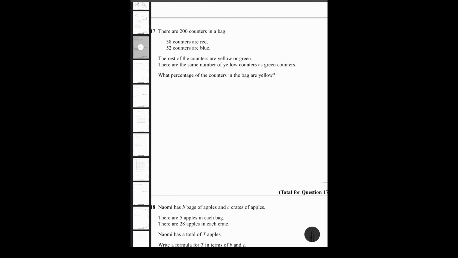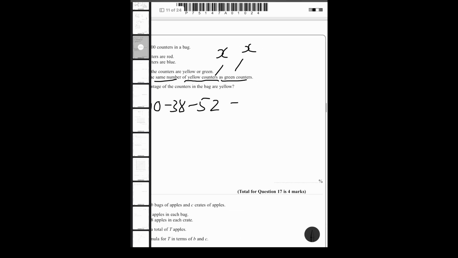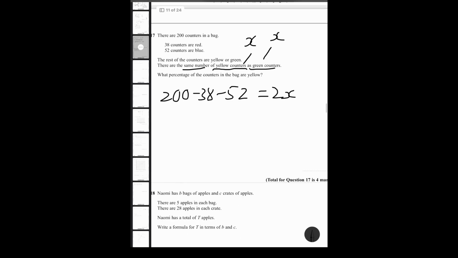So let's say, I don't even think we need to do this, but let's say yellow counters is x. And because there's the same number, green counters is x as well. So 200 minus the red minus the blue equals 2x, because remember there's 2 colors remaining.